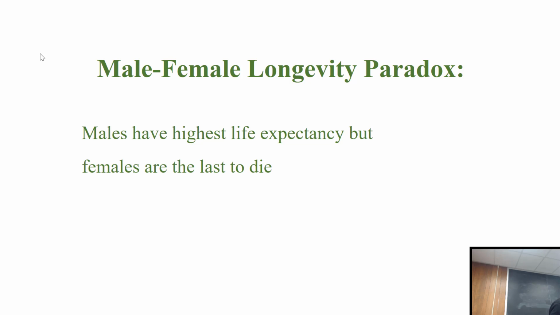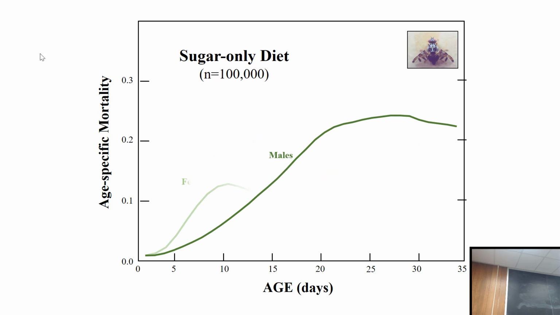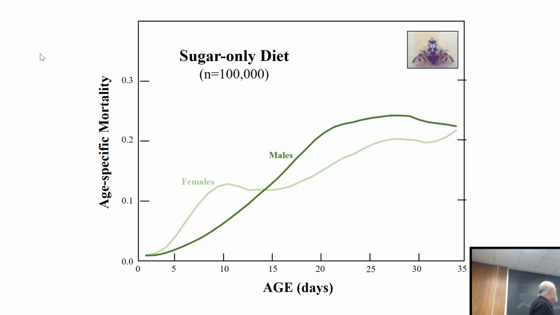A lot of interesting questions there. I'm just going to go through this because I want to get through my whole talk. What we ended up with in that crossover is what we called a male-female longevity paradox: the males have the highest life expectancy, but the females are the last to die. That's what happens when you get this kind of dynamic with mortality, okay?